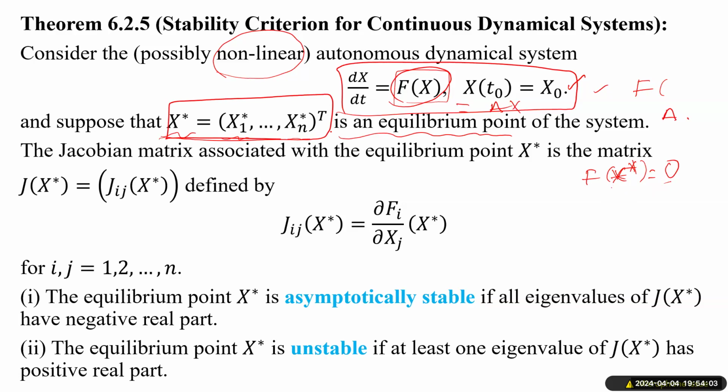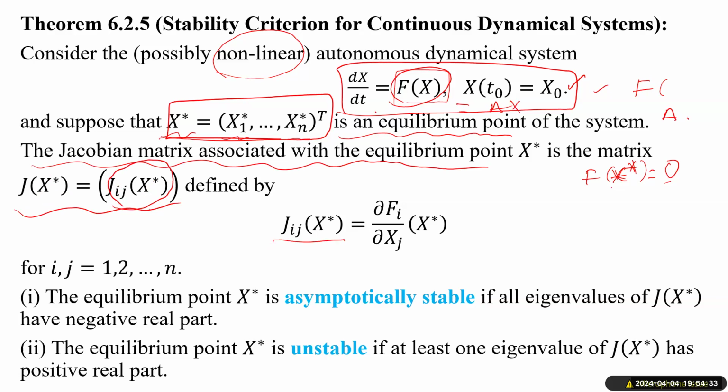Okay, right? No problem. So what we are going to do is construct the Jacobian matrix J with respect to the equilibrium point. That is nothing but a matrix: J of x star equals J_ij of x star. So what is this J_ij of x star?